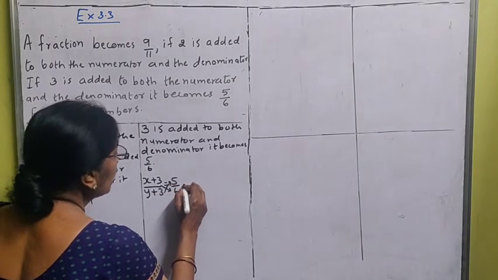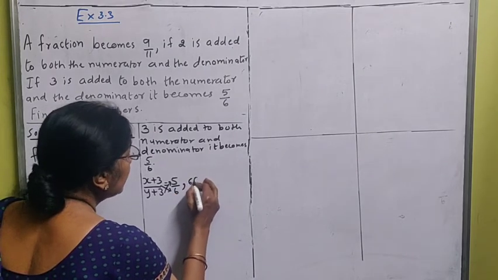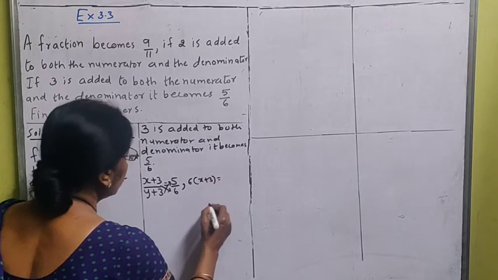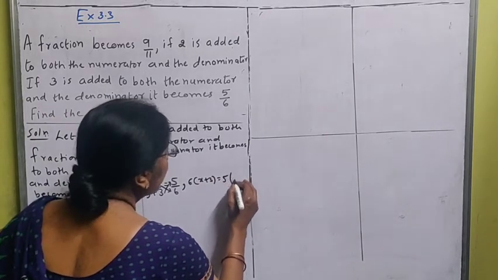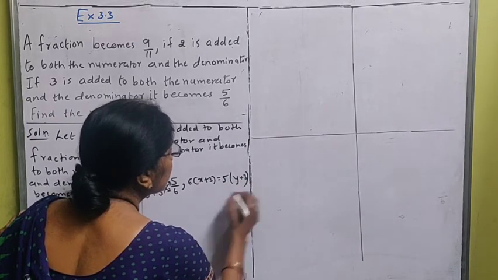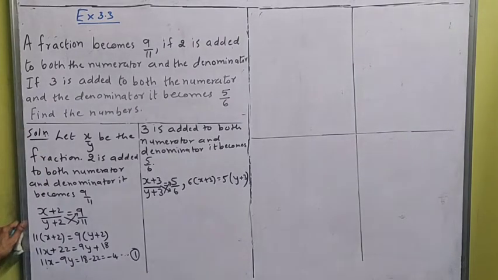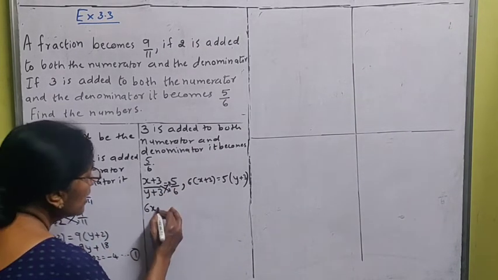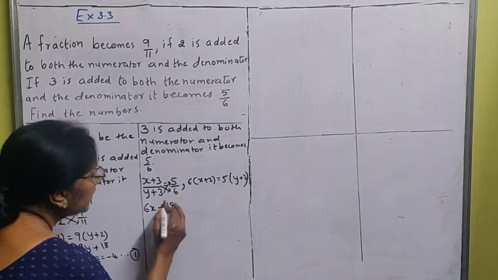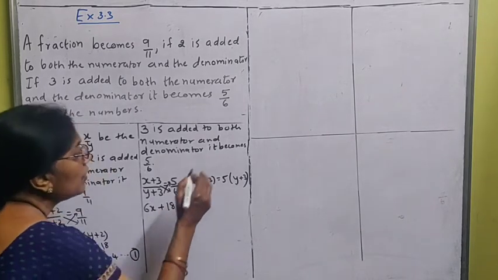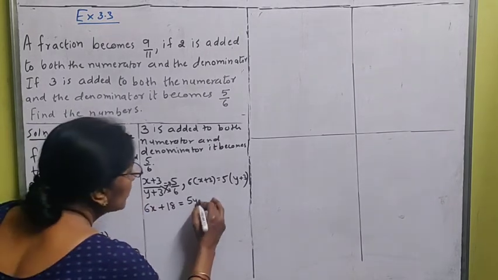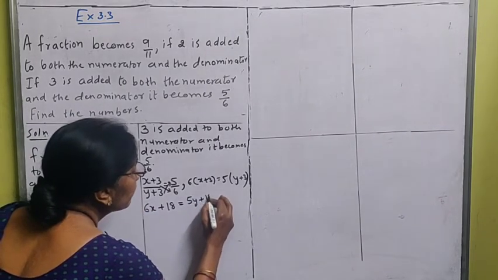Means what we are going to do? 6 in the bracket, x plus 3 is equal to 5 in the bracket, y plus 3. So we will remove from the bracket. 6 into x is how much? 6x plus 6 3s are 18 is equal to 5 into y is how much? 5y plus 5 3s are 15.